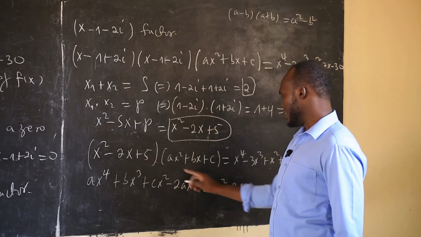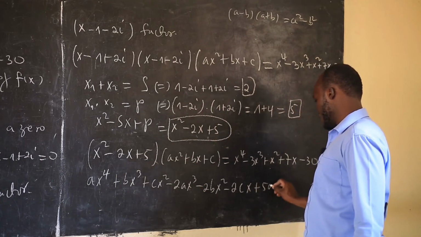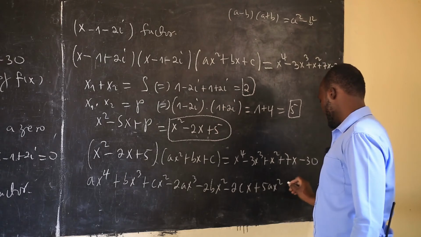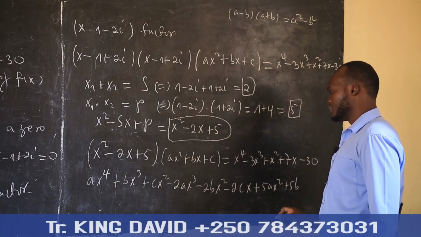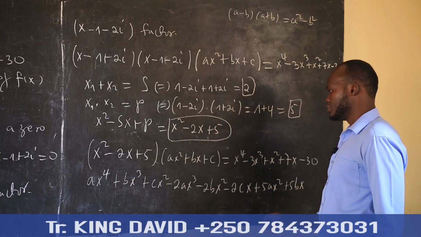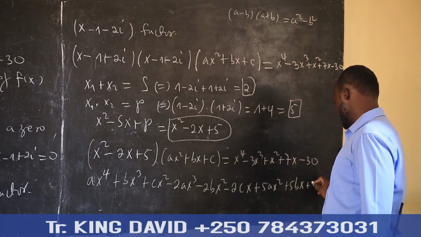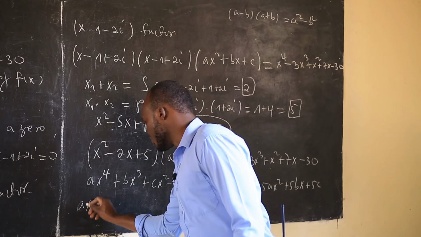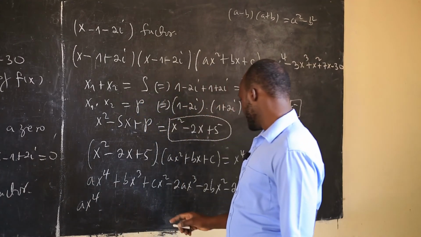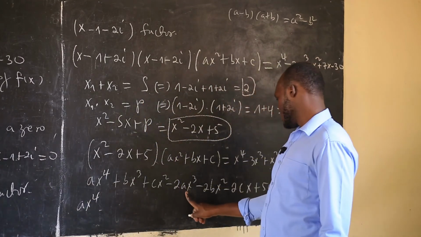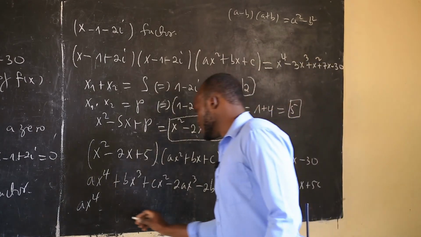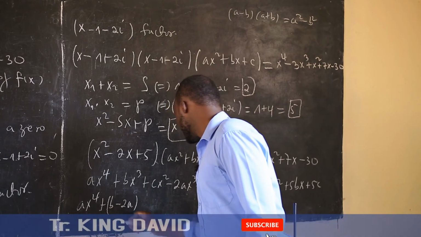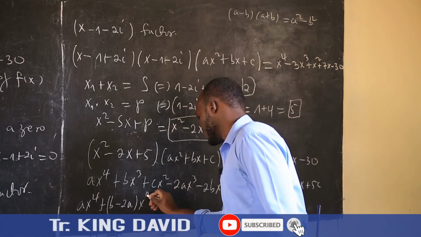Then 5 times a, that is 5ax squared, plus 5bx, plus 5c. So now, that is ax power 4. We have x power 3 here, even here, so it will be b minus 2a into bracket x power 3.